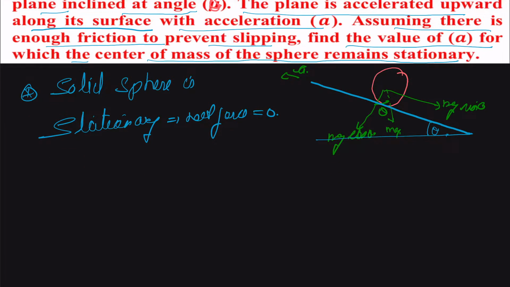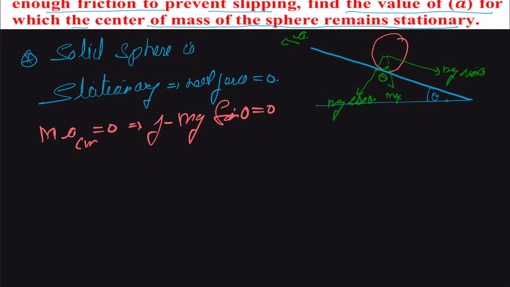And if net force is equal to 0, mass times acceleration of center of mass will be equal to 0. From here we can write that F minus mg sine of theta will be equal to 0. So we get that F will be equal to mg sine of theta. It means the direction of friction will be opposite to mg sine of theta, so up the inclined plane.